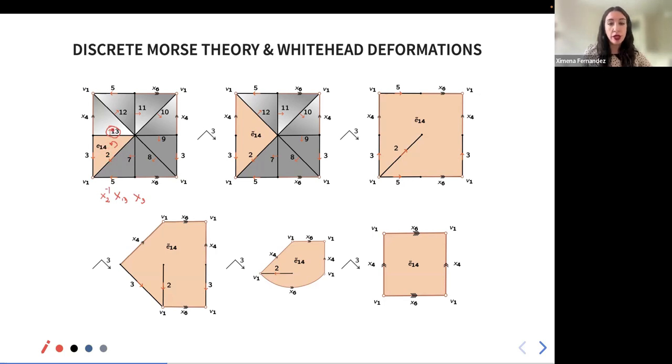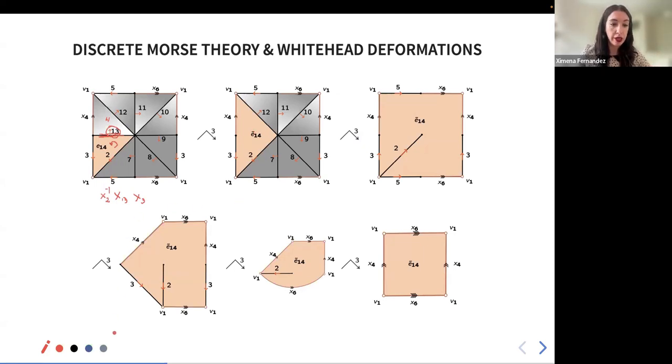Then you perform this internal collapse. What does it mean? Like in the regular collapse, you remove this pair of cells, these two cells and this one cell. Then you modify the attaching map of all the rest of the two cells.